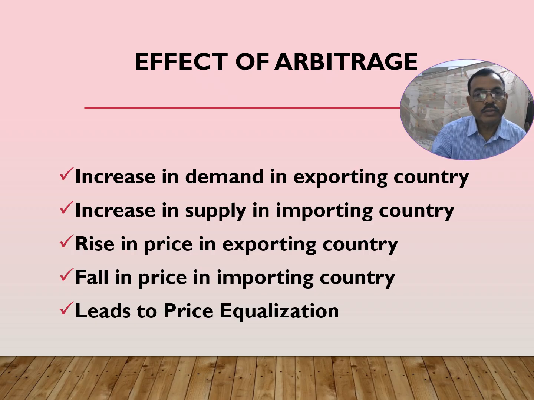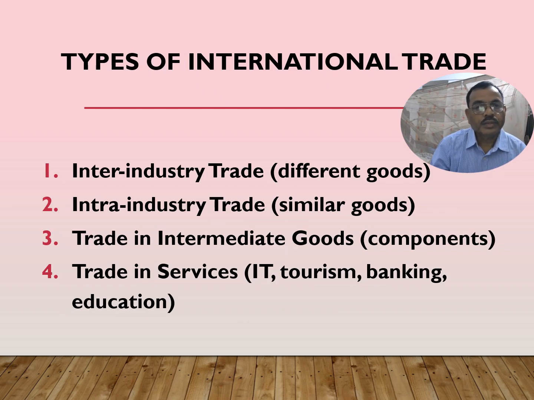Now, let us look at different forms of international trade. There are four main types of international trade. First, inter-industry trade, when countries exchange completely different goods. For example, India exports textiles and imports machinery. Second, intra-industry trade, when countries exchange similar goods.